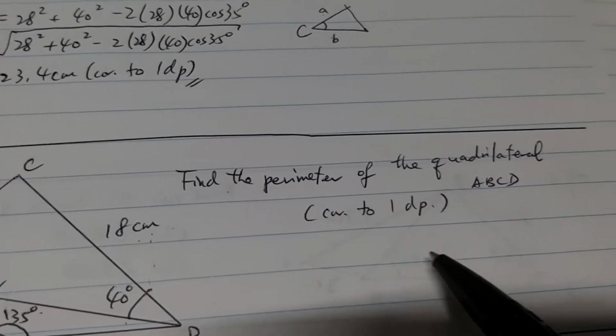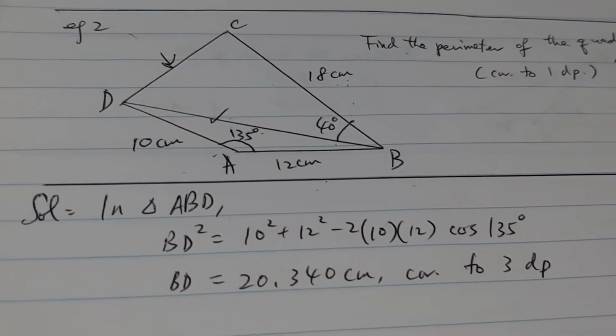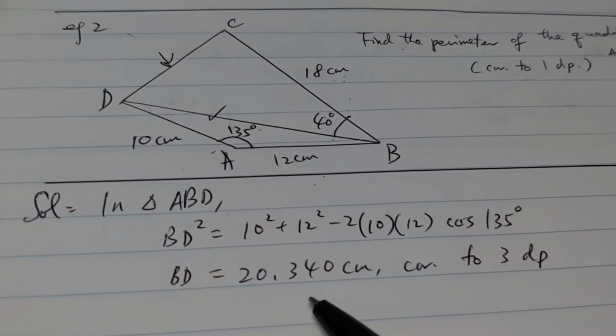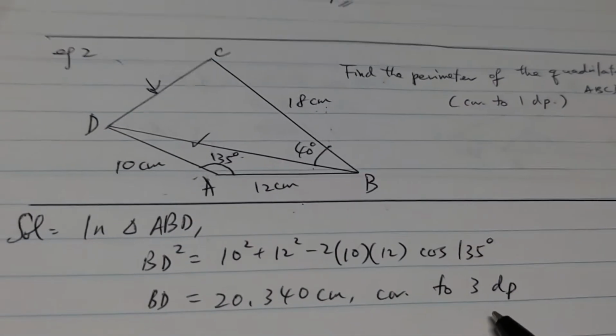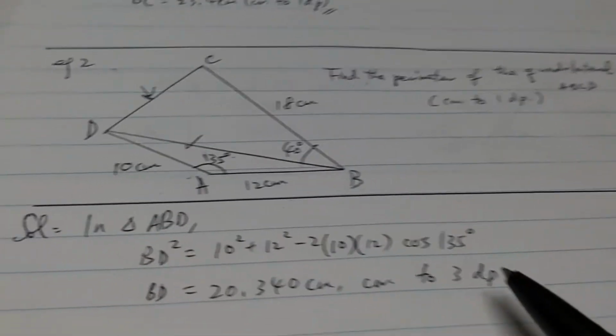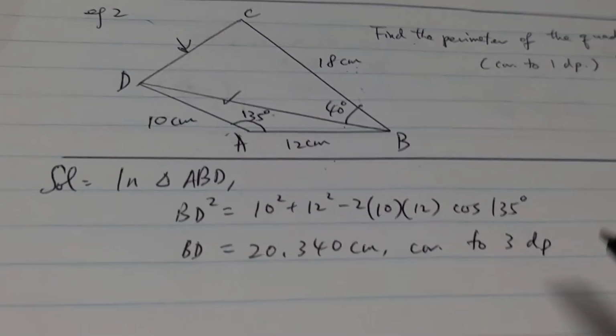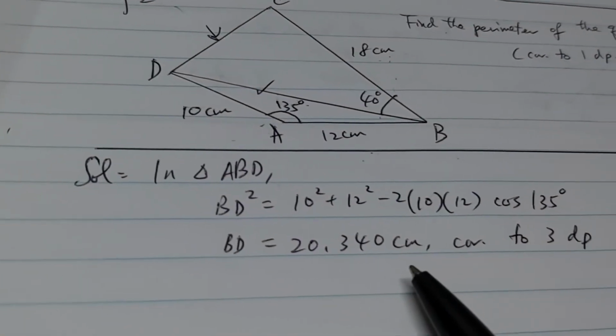In this question, you are asked to give 1 dp. However, before we get the final answer, please use more digits. For example, in this case, we take 3 dp instead of 1 dp to avoid getting error in your answer. So we take more digits.